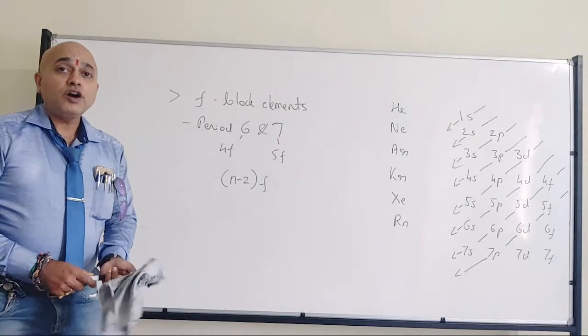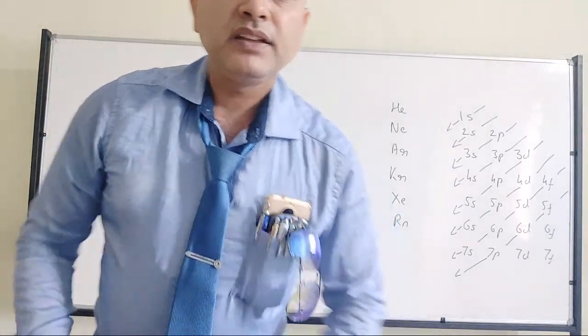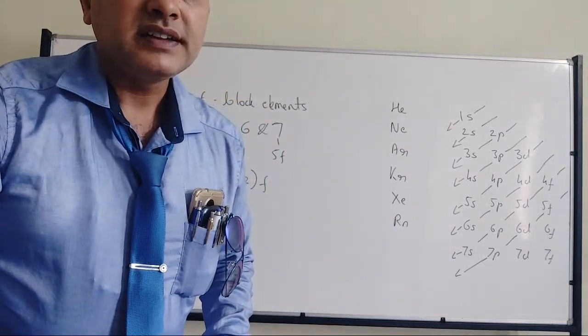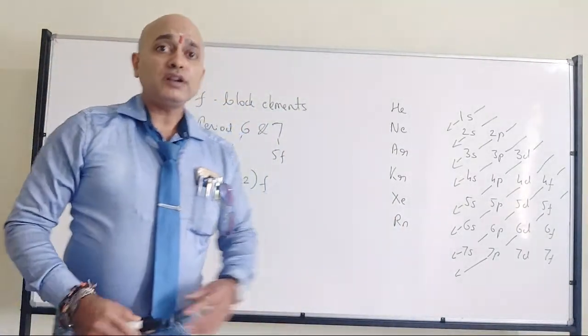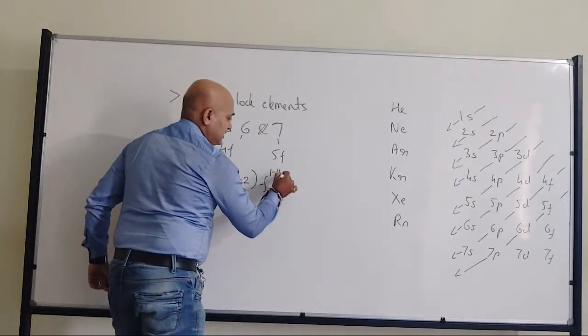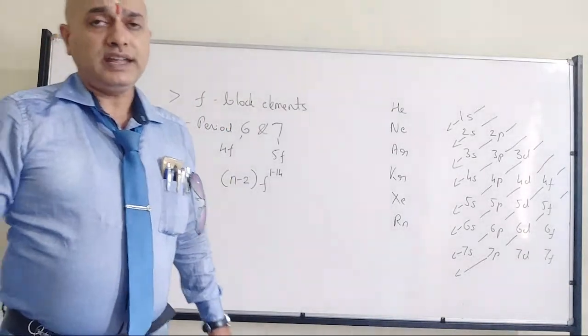Okay? So how many electrons can the f subshell accommodate? Yes, 14 electrons. So we can write it as n minus 2 f 1 to 14.